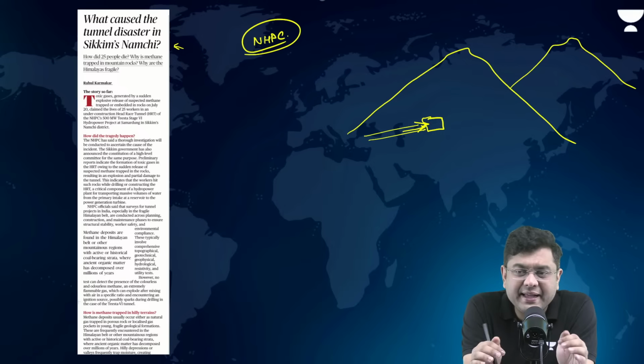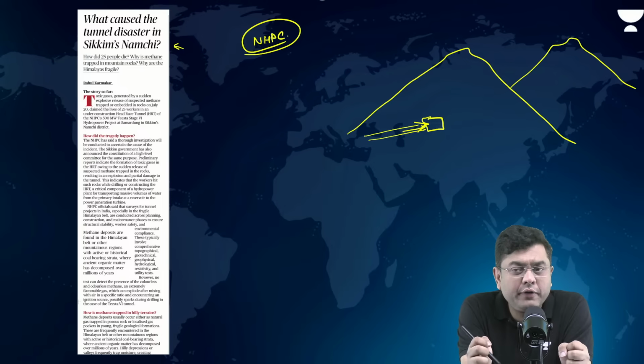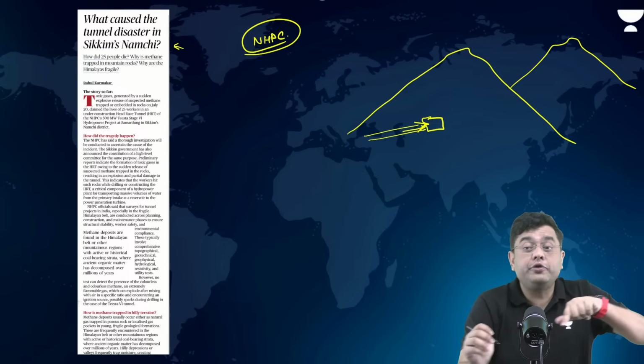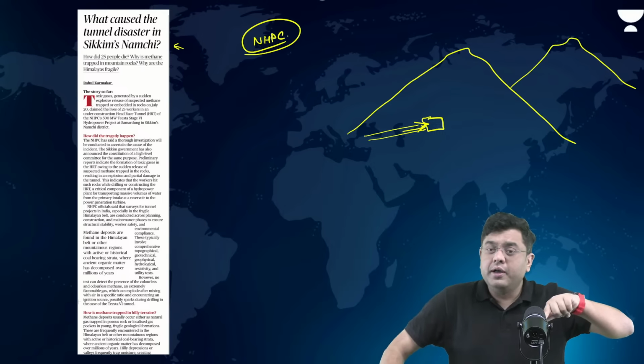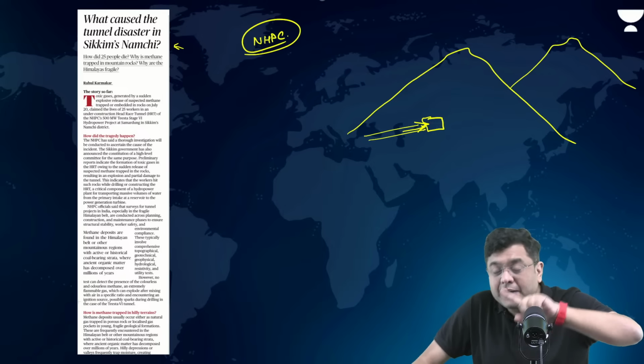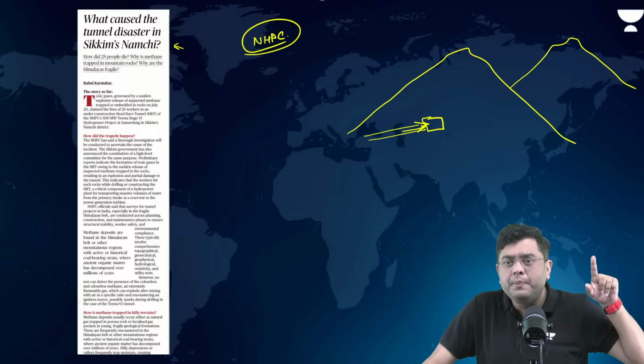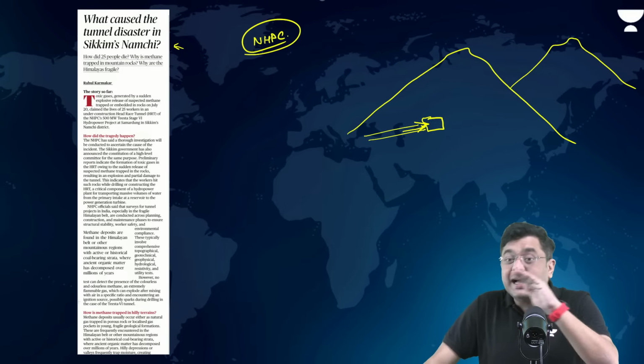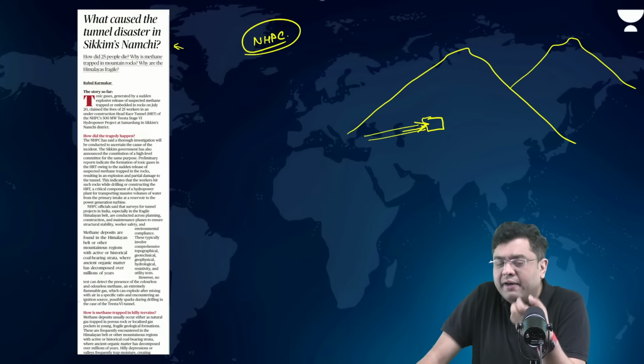So that is basically where you had the case of coal being found. Means coal is also formed as a result of what? Fossilization of vegetation. That process can produce methane also. That means the entire region is prone to having fossil fuels, also presence of methane.